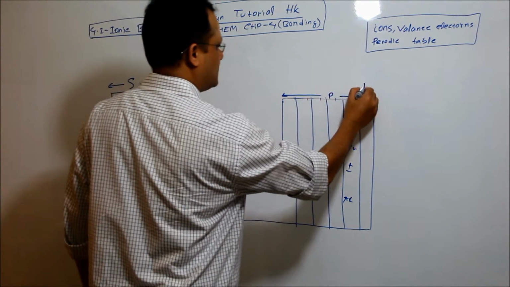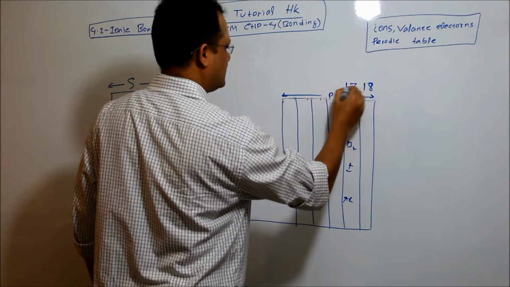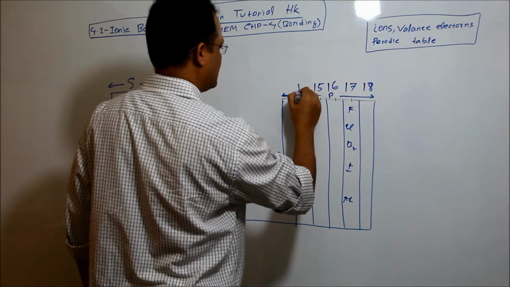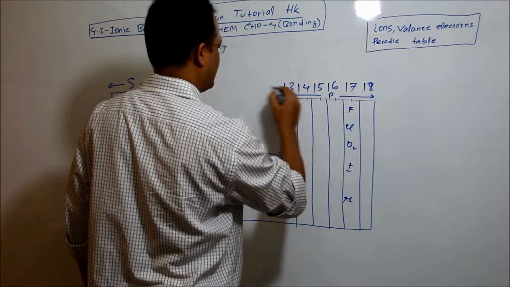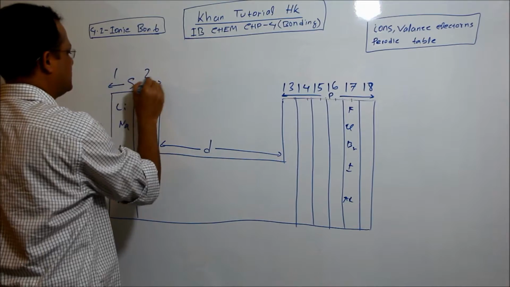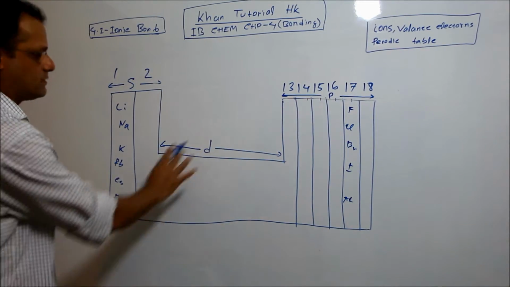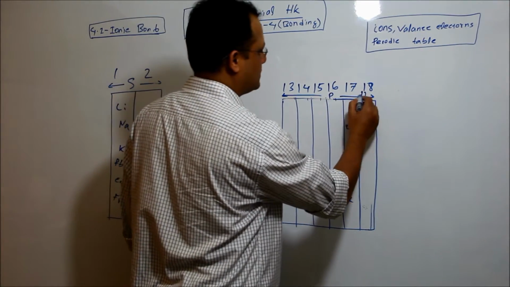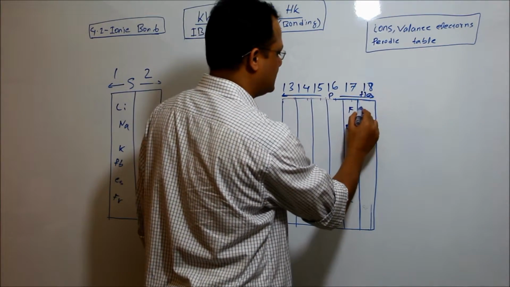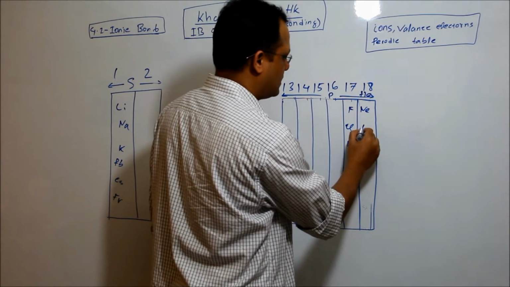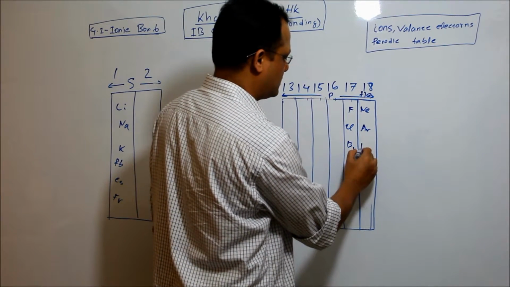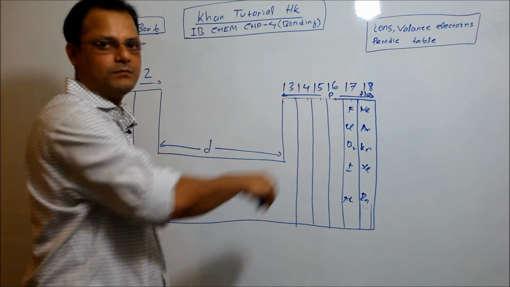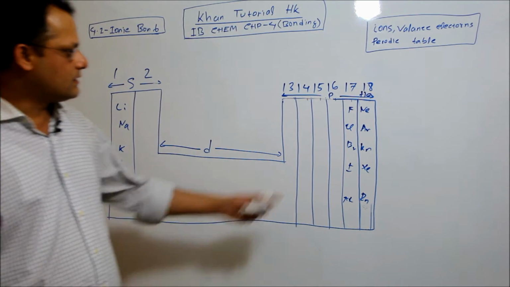You can see this is group number 18, 17, 16, 15, 14, 13, and this is 1 and 2, and this is called the transition elements. Group number 18 are called noble gases: helium on top, then neon, argon, krypton, xenon, radon.